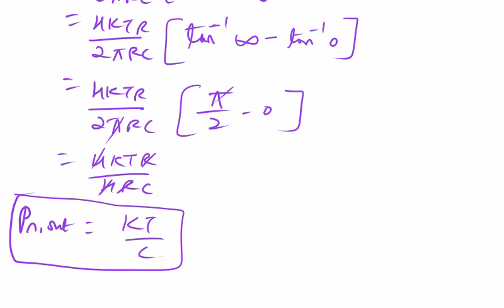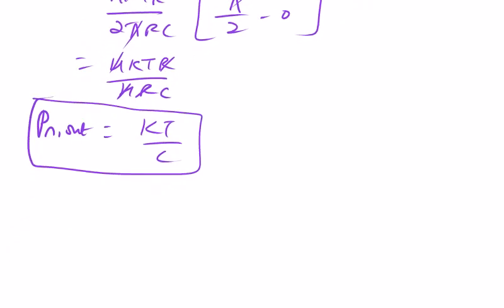So P_n out is nothing but PSD into bandwidth, power spectral density into bandwidth. If resistance increases, PSD increases and bandwidth decreases, but the product remains constant. To reduce the noise power, what do we have to do?